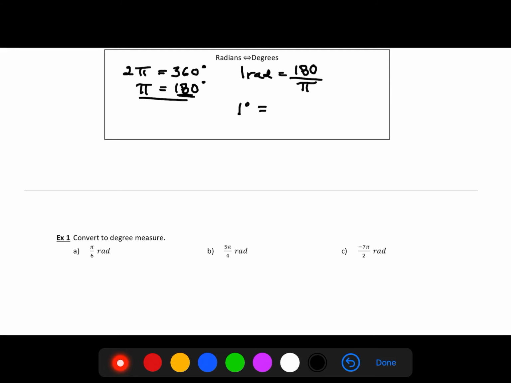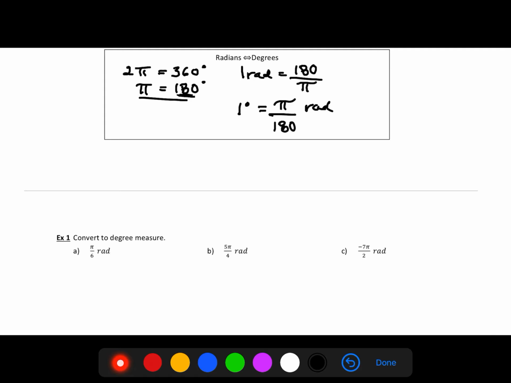If we want to know what 1 degree is equal to, then we would have pi divided by 180 in radians. And we're going to take a look at exactly how we do this in some examples too.